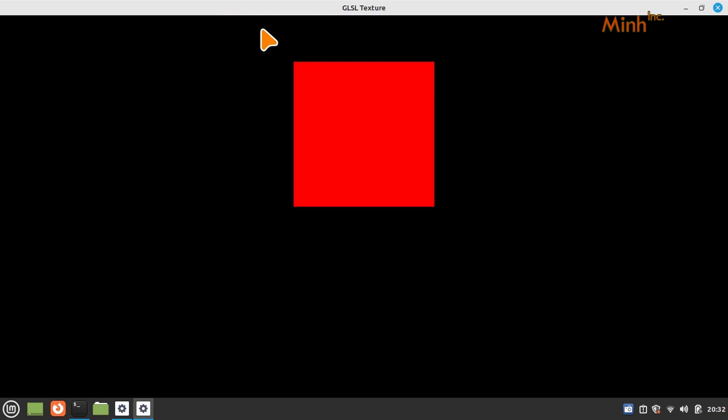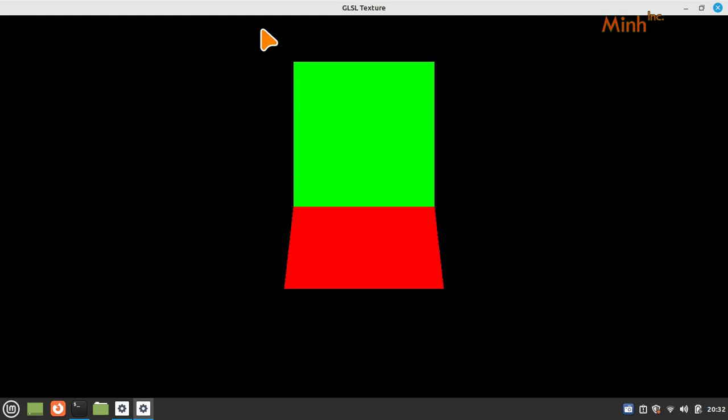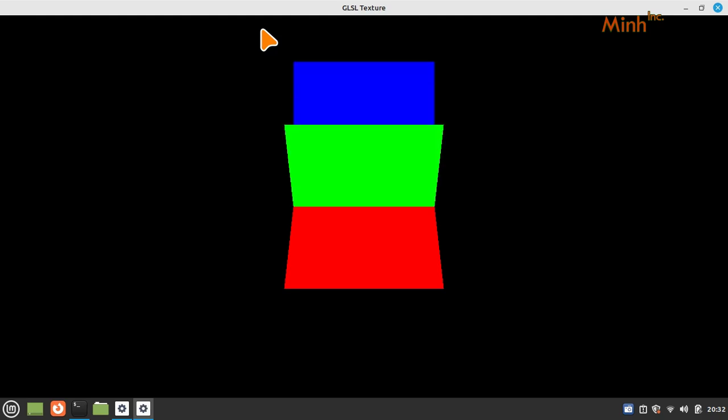Okay, so we have 3 planes. The 0 plane I can take out, and then the first plane.